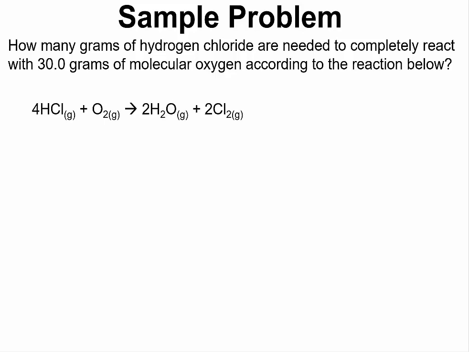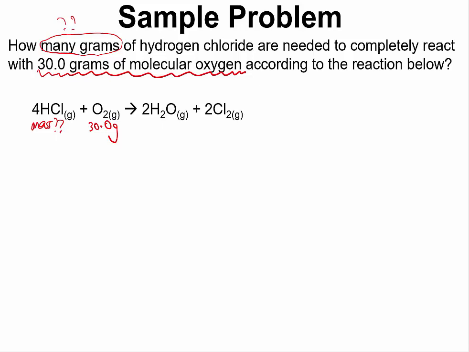How many grams of hydrogen chloride, so we want to know the mass of hydrogen chloride, are needed to completely react with 30.0 grams of molecular oxygen, according to the reaction below.